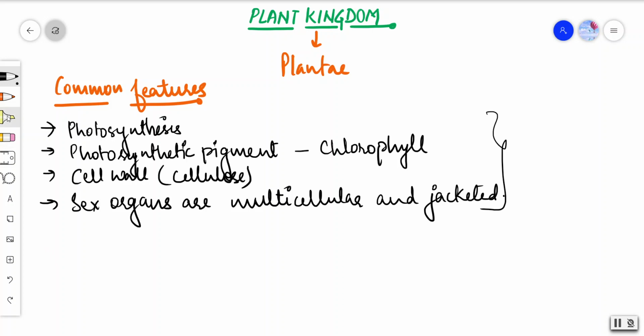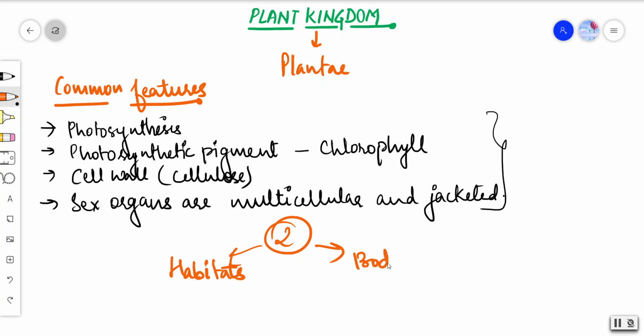Now starting with its general classification, we are going to take two types of classification: on the basis of habitat and on the basis of plant body. Two types of classification on the basis of their habitat, where they live. जहाँ पे ये रहते हैं वहाँ के बेसिस पे, और दूसरा on their body structure.